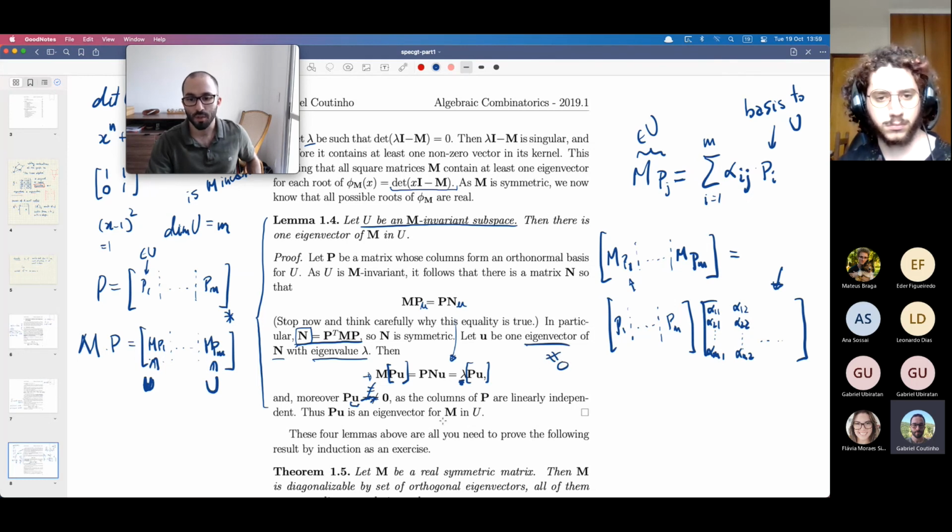Therefore, P times U is an eigenvector of M. This is a combination of the columns of P, therefore this thing belongs to U. And this is saying that M has one eigenvector in U. And this is precisely P times U, where U is an eigenvector of the matrix N, with eigenvalue lambda. N is the matrix that represents the action of M in the subspace U.